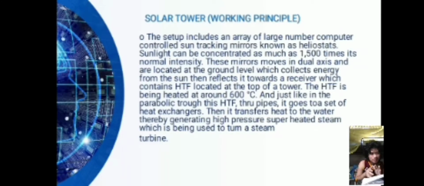Sabi dito, sunlight can be concentrated as much as 1,500 times its normal intensity. So, para siyang magnifying glass, guys, wherein yung sinag ng araw, kung alam niyo yung magnifying glass, pag tinutok niyo siya sa araw, ipopokus niya yung heat sa isang spot lang.